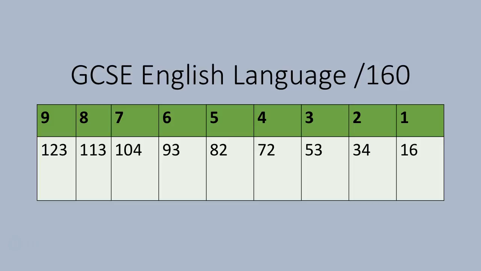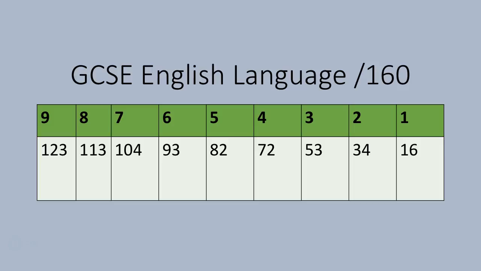Or in other words, if we were to make the marks similar to this exam, you needed 110 out of 160. So you can see that the grade 8 today is broadly similar in marks to the old A star. Similarly, for an A grade in the 2016 AQA higher tier English language paper, you needed 50 out of 80 or 100 out of 160.